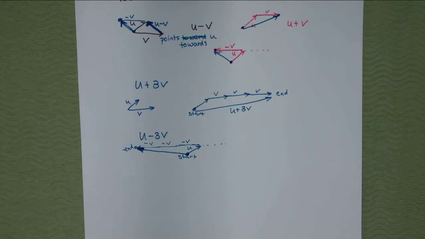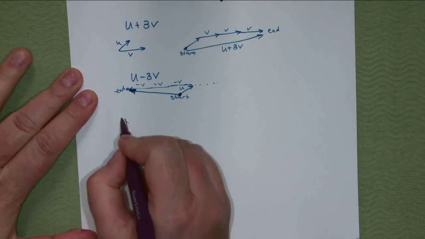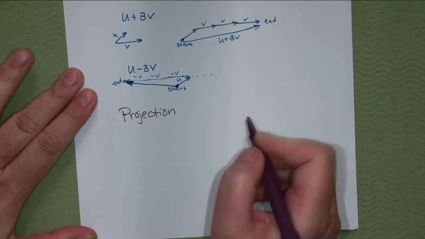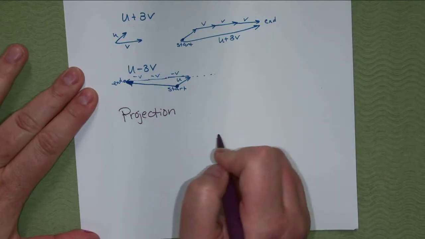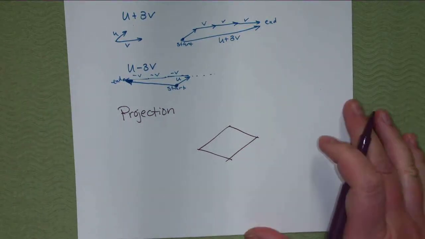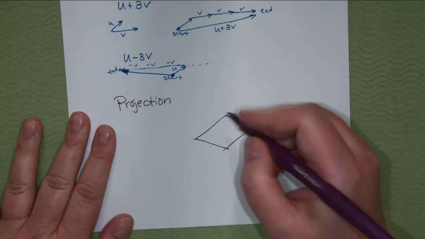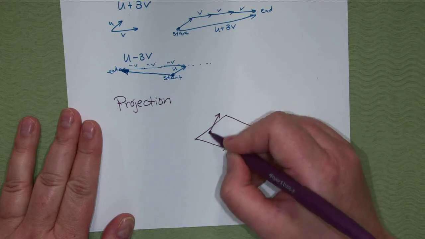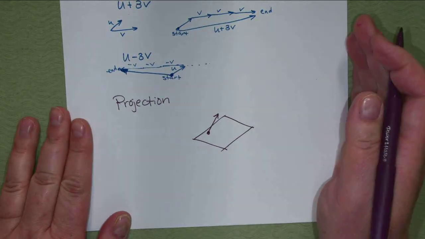So, a projection. Just like a projector, let's say we have a plane and we have a vector coming out of the plane, so not lying on the plane.